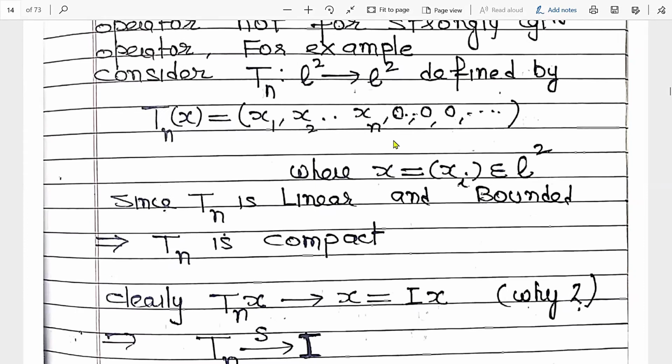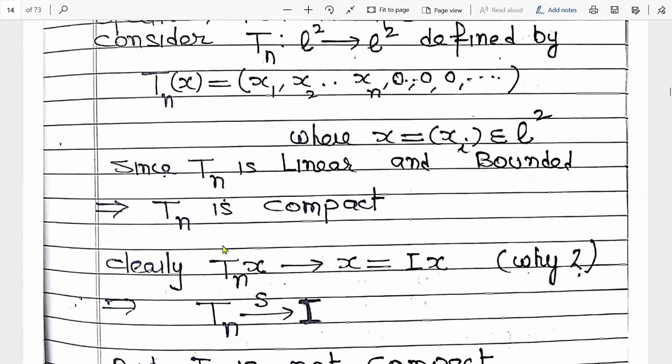This operator is clearly linear and bounded, and it is finite dimensional in its range, so Tn is a compact linear operator. Now clearly, when n approaches infinity, the operator Tn acts as the identity, right?